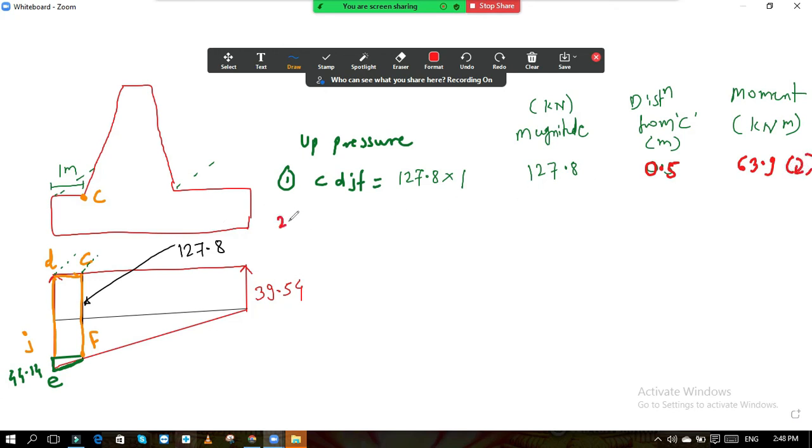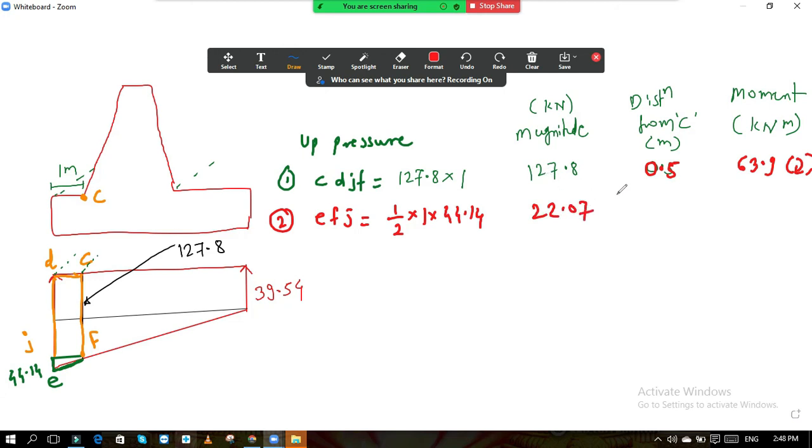Next, second, this triangle now EFJ, which is equal to, याचा ऑर्डिनेट किती आलेला आहे? 44.14. So half into base into height. So half into base is this line. This is 1 meter into height. Height is 44.14. So it is 22.07.